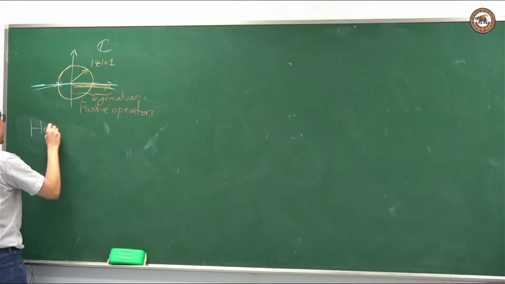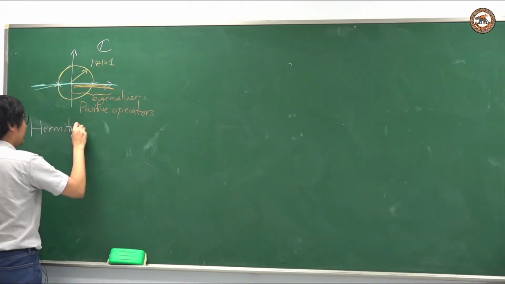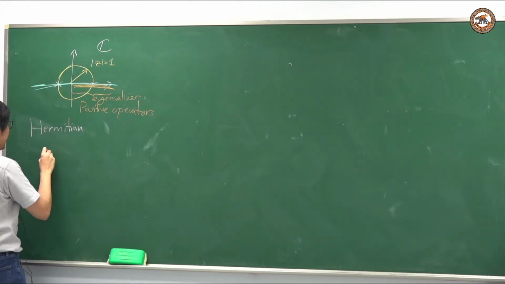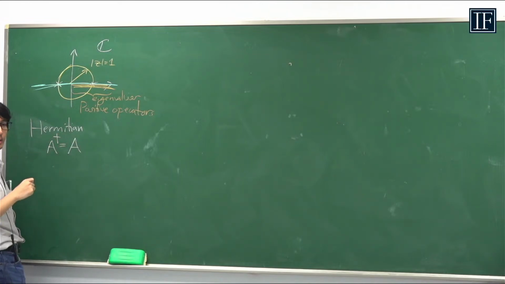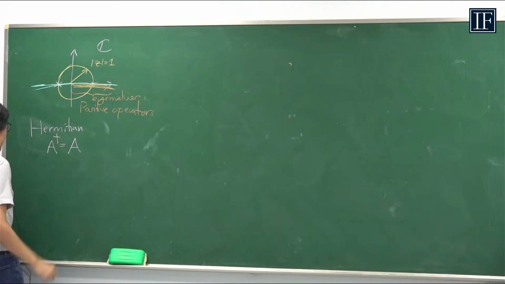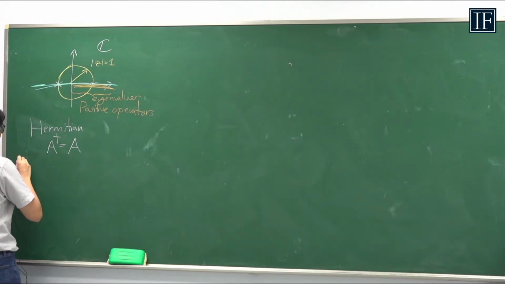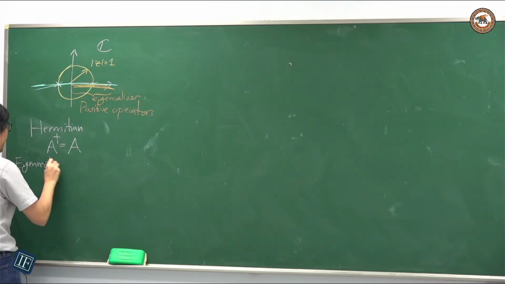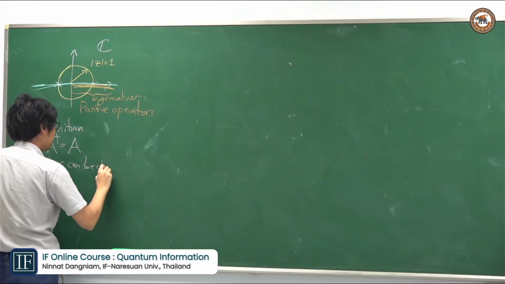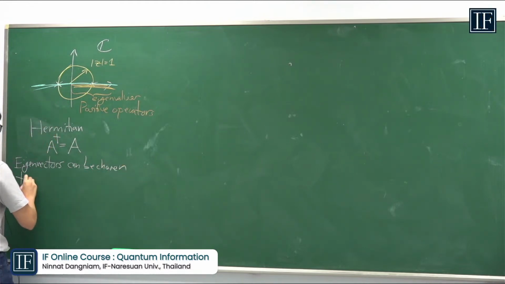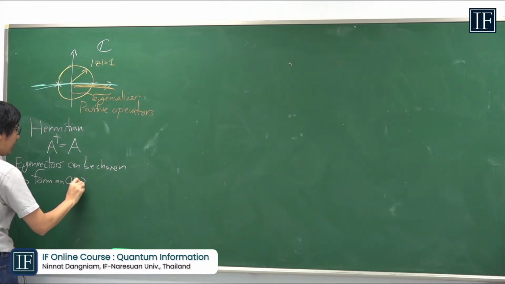So a Hermitian operator is when A is equal to its own dagger, and eigenvectors can be chosen to form an ONB.